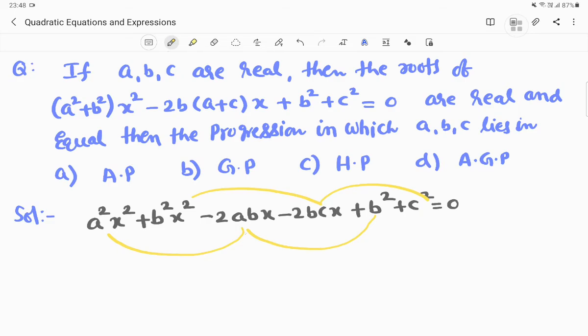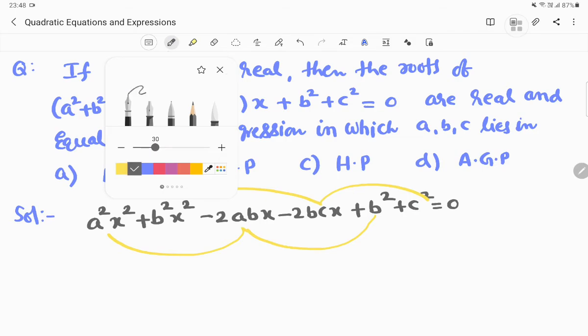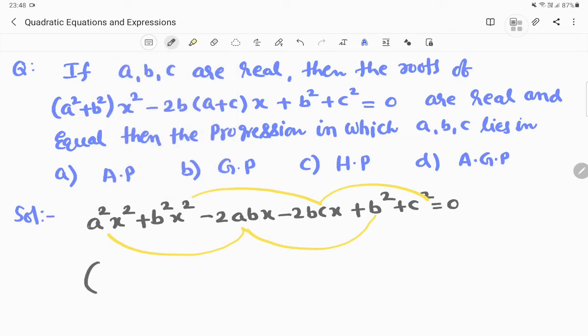So here we will make a perfect square. a²x² − 2abx + b² is the expansion of (ax − b)², plus b²x² − 2bcx + c² is the expansion of (bx − c)², is equal to 0.